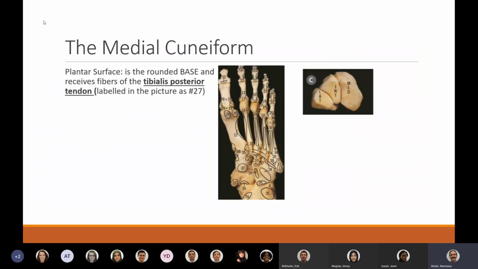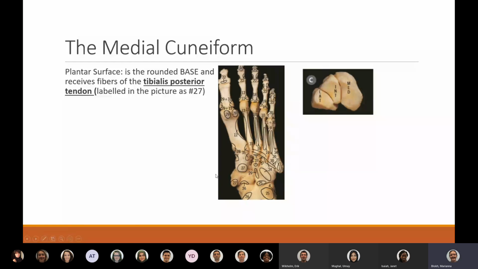Plantar surface. What's important about the plantar surface of the medial cuneiform? Well, you have your tibialis posterior tendon, right? That's number 27. We know the main attachment of the tibialis posterior tendon is to the navicular tuberosity, but it attaches elsewhere. If you look at this picture, you see that it attaches to the plantar surface of the medial cuneiform, and it also has these areas of attachment to the bones here.